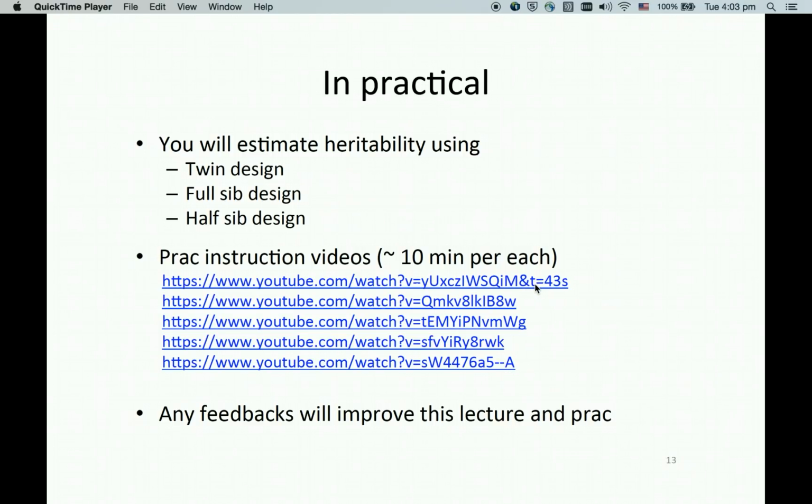Each is around 10 minutes long. Hopefully it can help you understand how to estimate heritability based on such designs. And also there are a number of R codes that should be useful for your practical, and they can actually be applied to your own research.